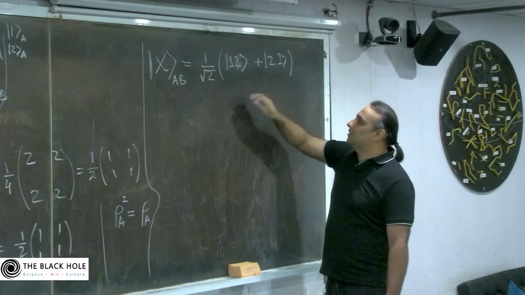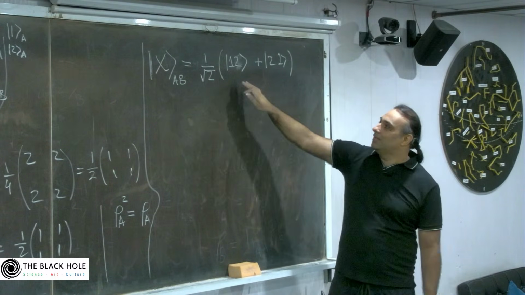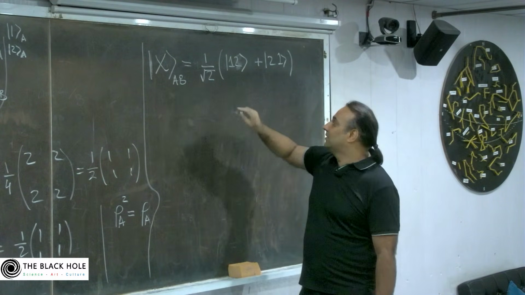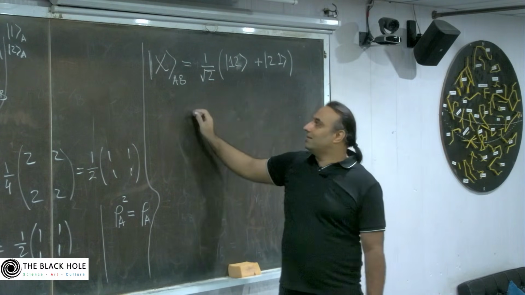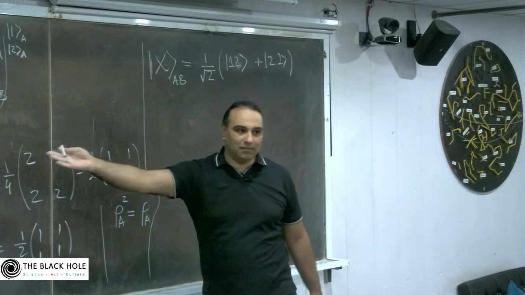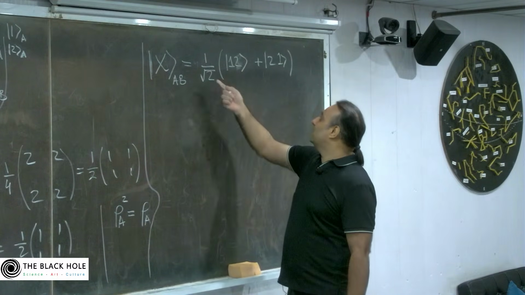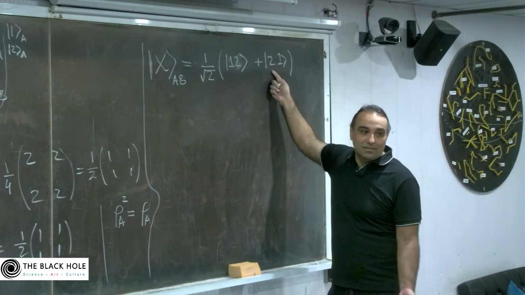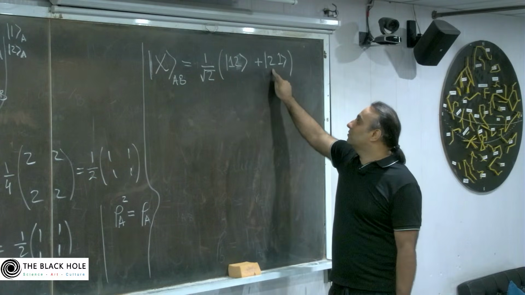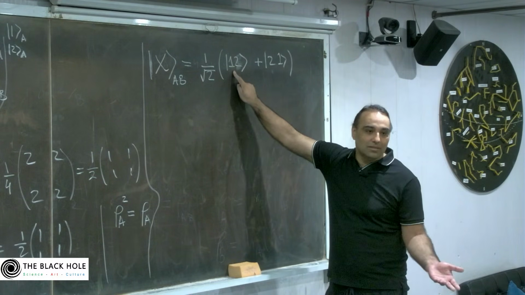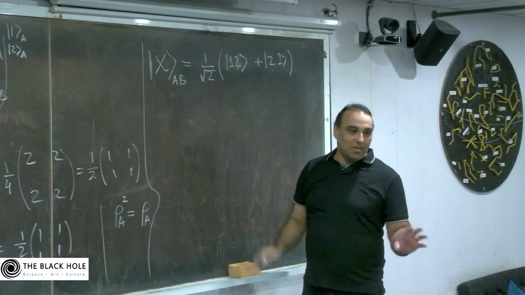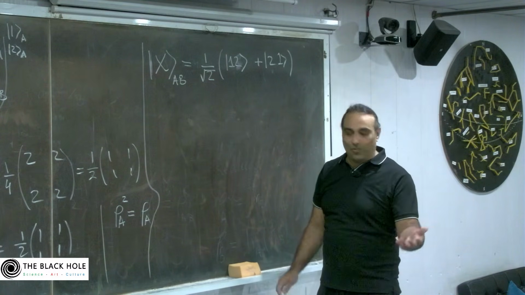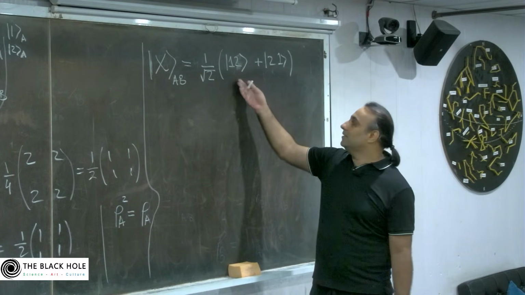That's all. So let's talk about this state. It only has these two components. Now you cannot write it as a product. If you take this 1 out, there is no 1, there is 2. If you take this 2, then there is no 2 here. So you cannot write it as a product. It can be written as a sum of products, as it is already written over here.